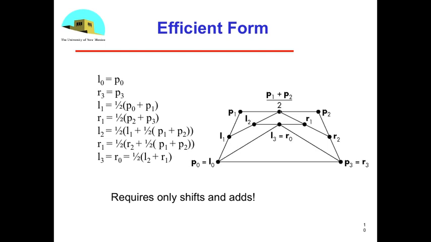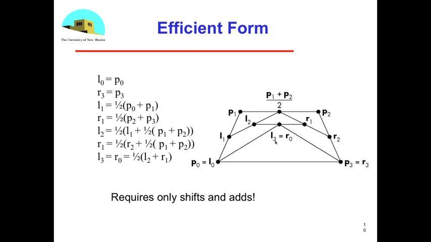I can use the point in the center again, and R2, which is halfway between P2 and P3, divide that in 2, get L2 and R1, divide them in 2, and get the middle point. So you don't actually ever evaluate the original equation to get the value in the middle. You can do that all by this shift and add kind of thing.